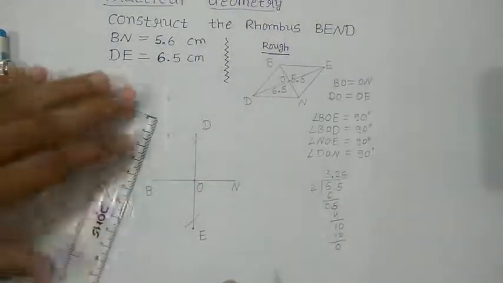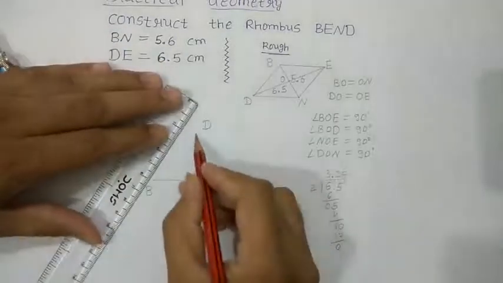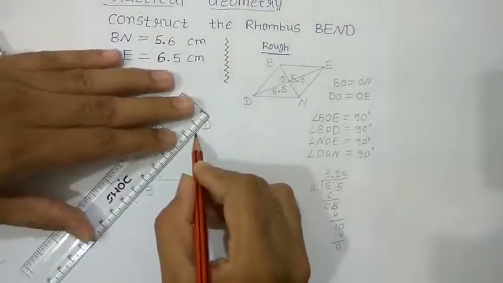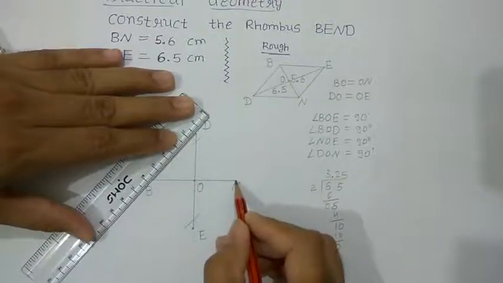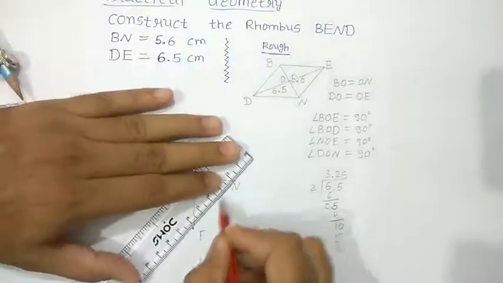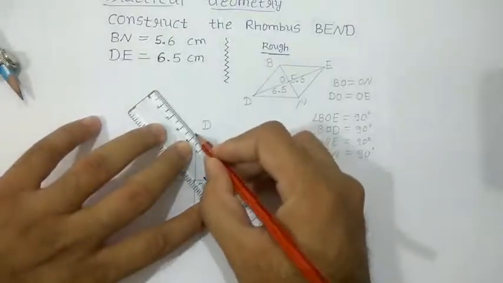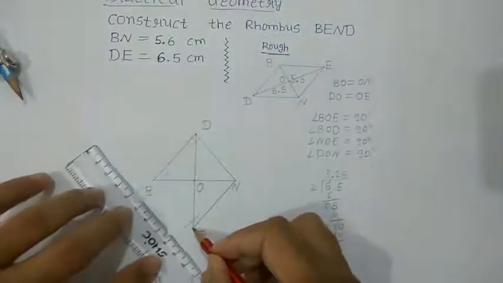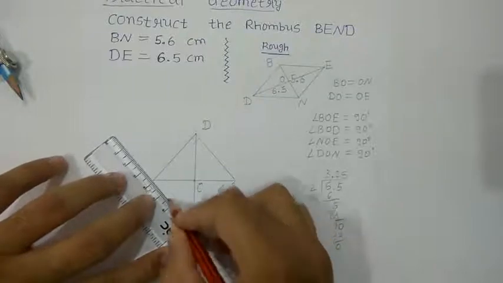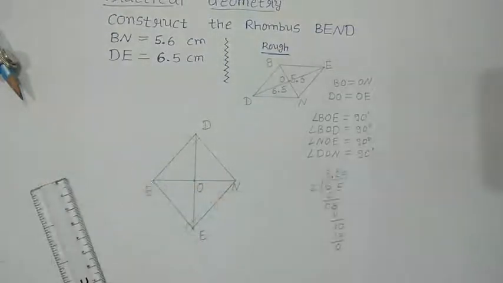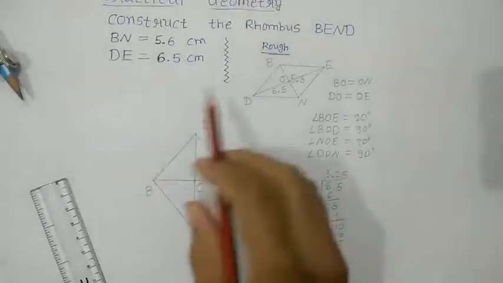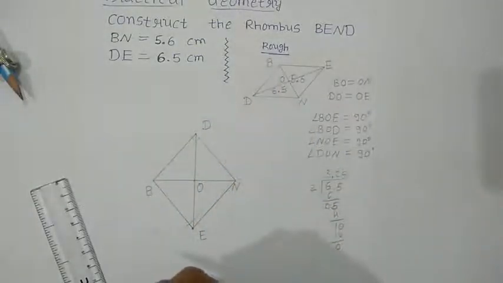Now join all these points: B to D, N to E, N to D, and E to B, right? So here you can notice that all the sides of this rhombus we have got, right?